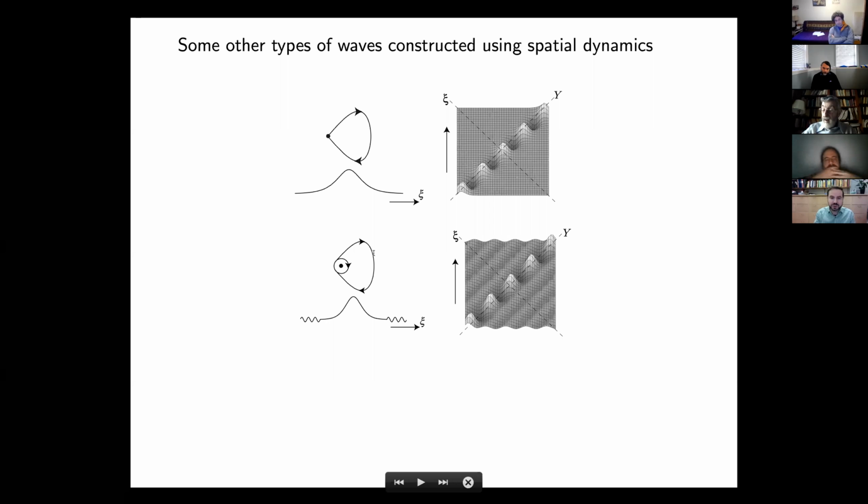And you could get, for example, generalized solitary waves. So these are, if you have a homoclinic orbit to a closed orbit, or a heteroclinic orbit between two different ones. But you can also get many other types of waves. You can get waves which are multi-humped, so more complicated homoclinic orbits.